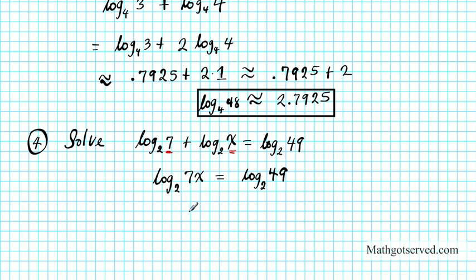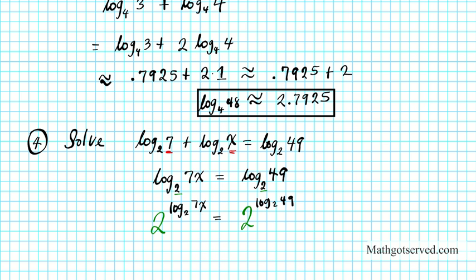Now since we have one log on the left and on the right for the same base, we're going to eliminate the bases using 2 as our basis for exponentiation. So I'm going to put a big 2 on the left and a big 2 on the right, and I'm going to have a little log base 2 of 7x equals 2 to the little log base 2 of 49.